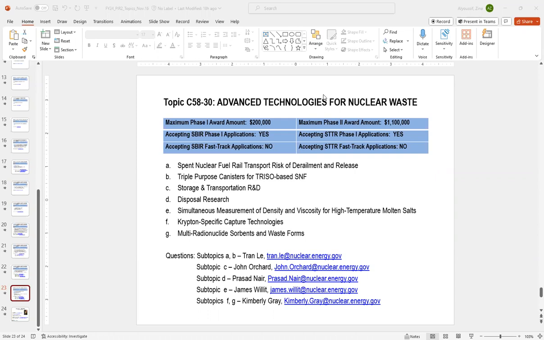So this call is for devices that can simultaneously measure viscosity and density at high temperature in a radiation environment. I suspect it will be moved to the other topic area as well.